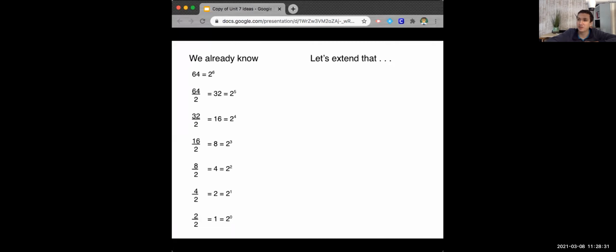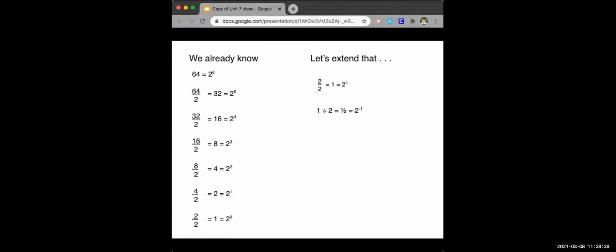So what do you think 2 to the power of -1 is going to be? 1 over 2, because you divided by 2. 1 divided by 2 is 1/2. If any digit is to the power of something less than 0, it's going to be 1 over that digit.